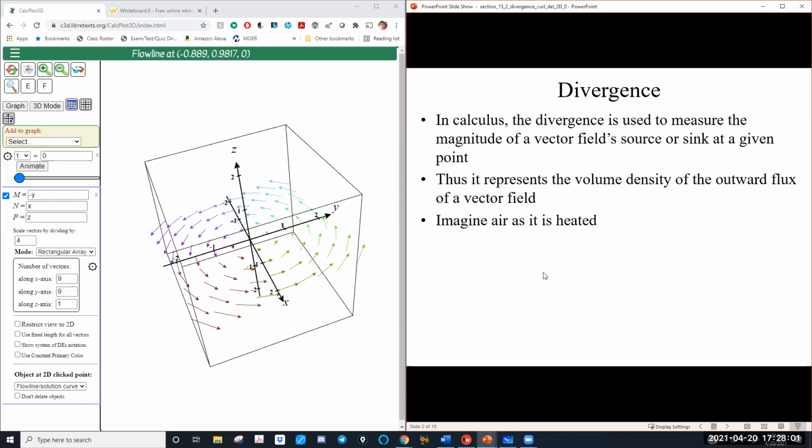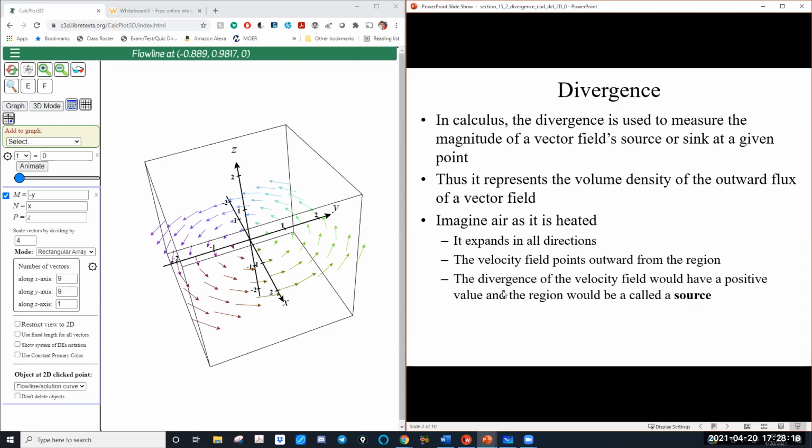But just to give you an idea of what's happening with divergence, imagine air as it's heated, it expands in all directions. So that would be a source. Basically the velocity field points outward from the region. Now, if the air was being cooled, then it's going to contract, and we would have what is called a sink.